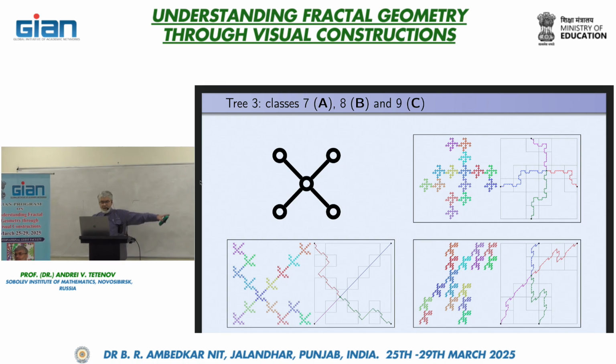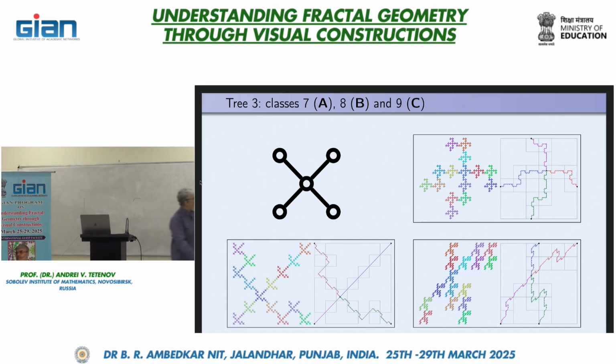Then we can have the third class. You see it? When the main tree is a diagonal cross. It can be of type A, it may be of type B, and it may also be of type C.